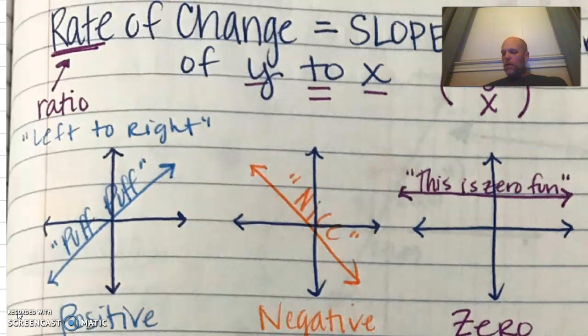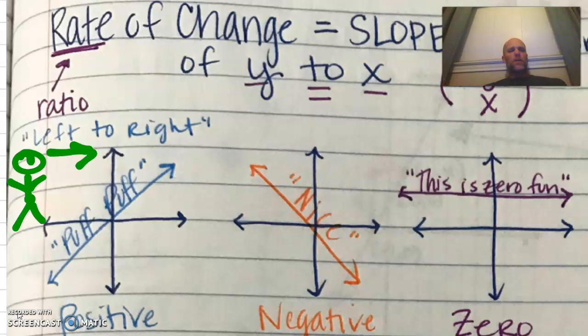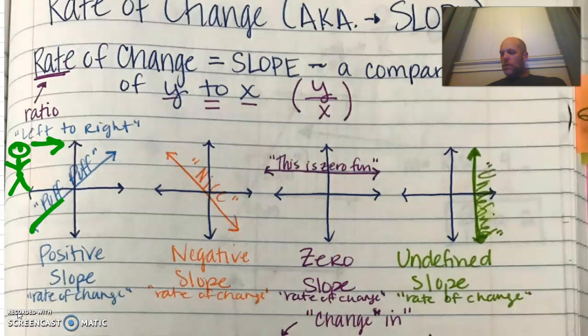Or I like to imagine that it's just a person who's going to walk to the right. There's a video called Slope Dude, and it says puff, puff, positive. So that is a positive slope. This one here is negative because it's going down.